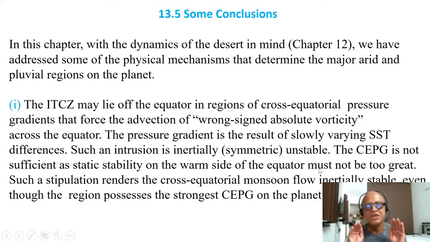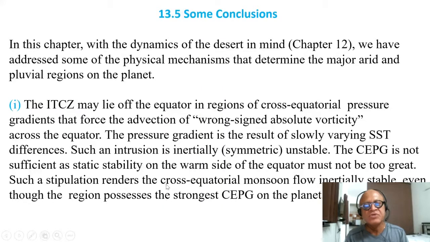So even if pushing the vorticity across the equator is going to give you an instability to drive inertial instability, if there is static stability on the other side that inhibits convection, then obviously it's not a sufficient condition, it's only a necessary condition that you push the wrong signed absolute vorticity across the equator.